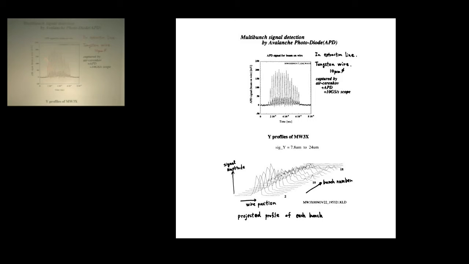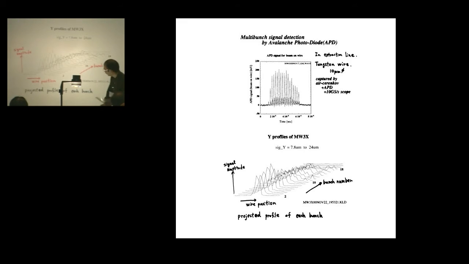And we recorded the signal using a 10 gigahertz sampling scope. Then if you plot it, each peak corresponds to each bunch. So if you plot the amplitude of the signal as a function of wire position and timing or bunch number, then you will get the beam profile or projected profile of each bunch.